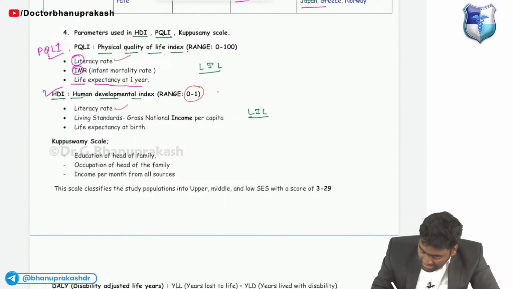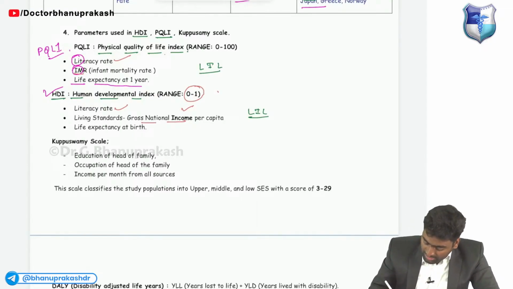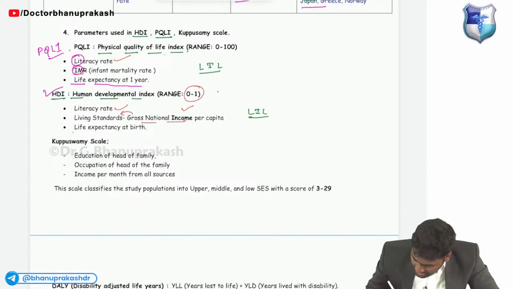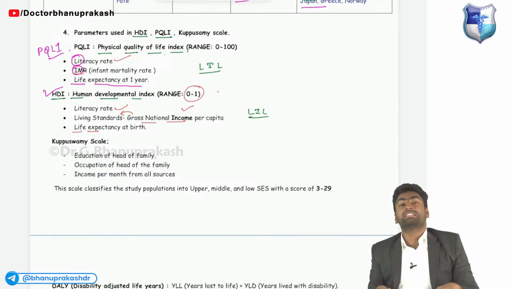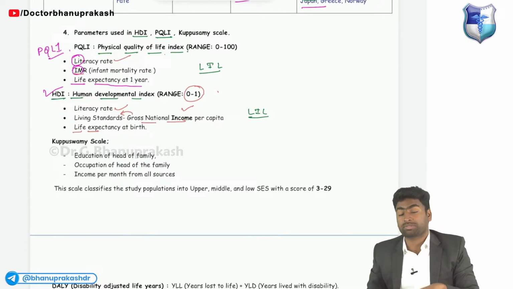Instead of infant mortality rate, here it is the gross national income per capita, which accounts for our living standards. Then here also life expectancy, but remember, this is life expectancy at birth, whereas in PQLI it is life expectancy at 1 year.